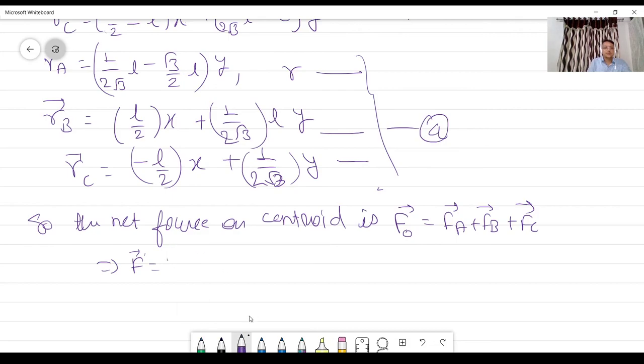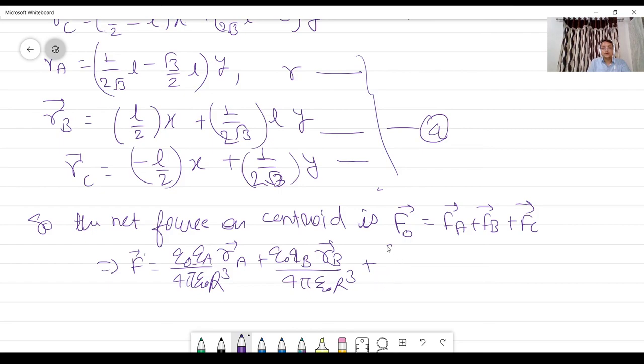So I can write Q naught QA upon 4 pi epsilon naught, and the distance I'm considering as equal, times the RA vector, and this will be for QB, RB, upon 4 pi epsilon naught R squared, and Q naught QC, RC vector upon 4 pi epsilon naught R squared.